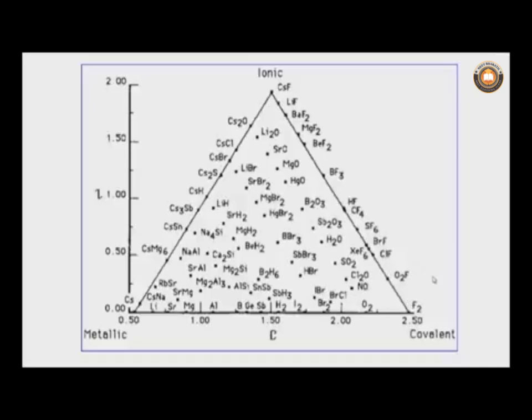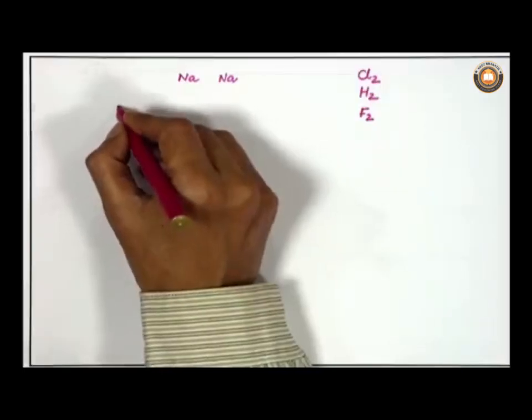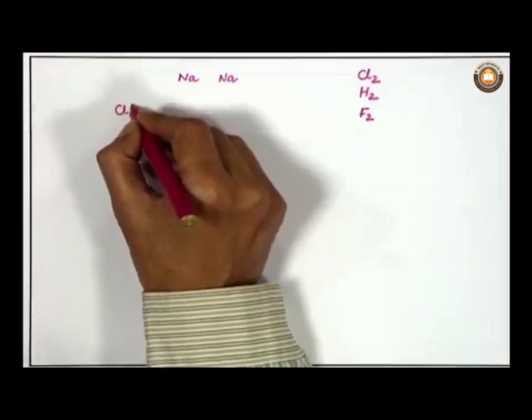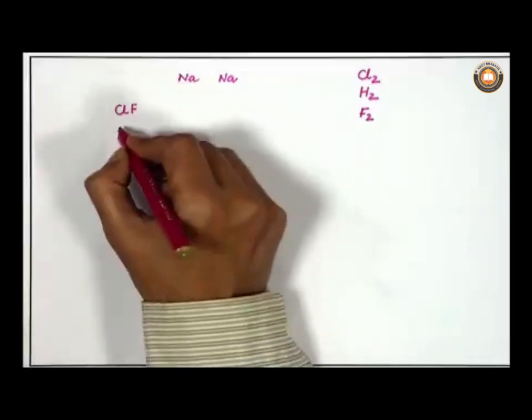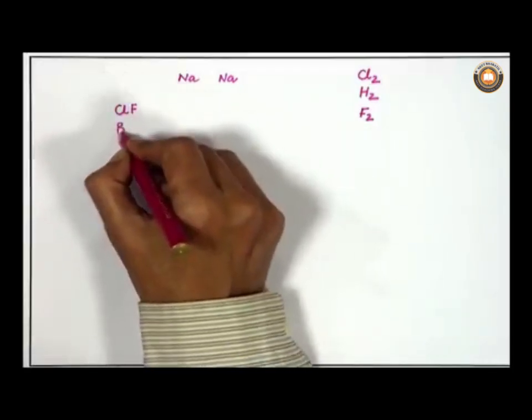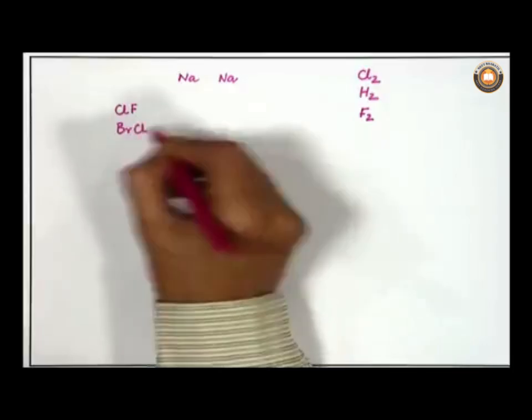Assigning this from the difference in the corresponding electronegativity values is sometimes very straightforward, but it is not always so simple, if we get species like BrF, ClF, and BrCl.